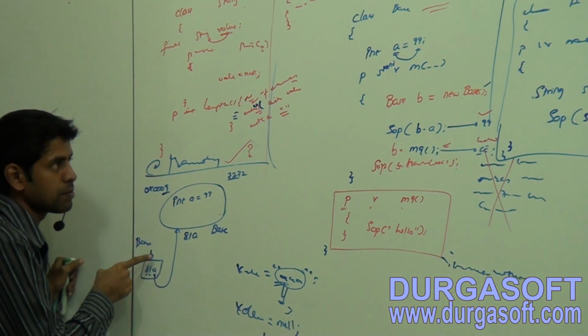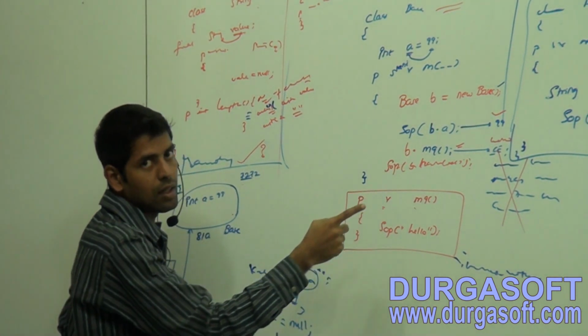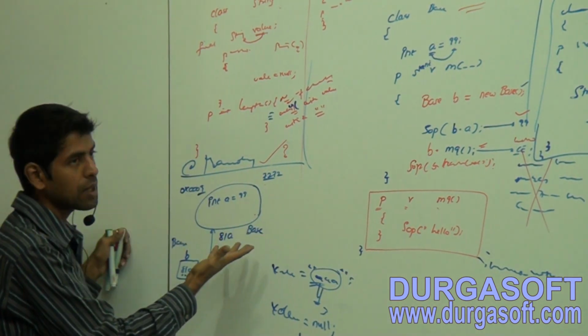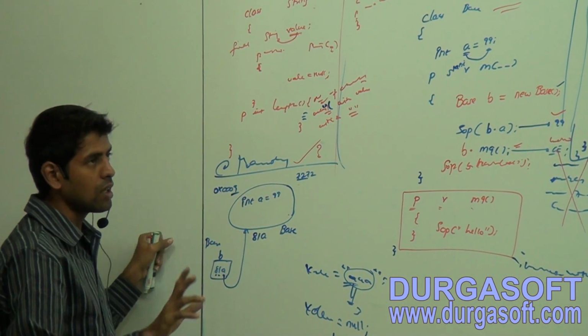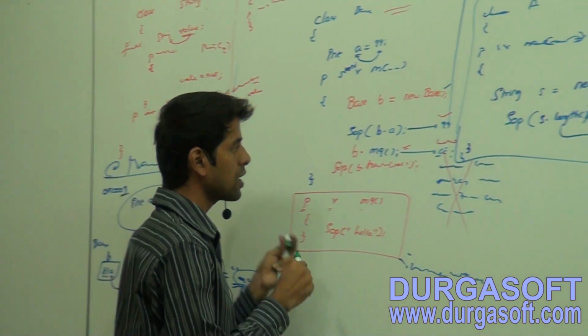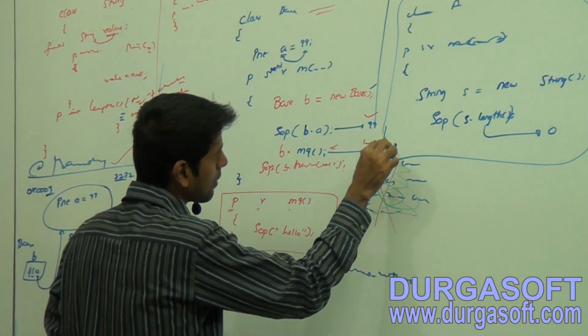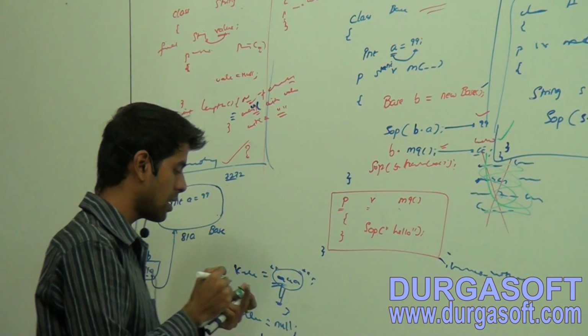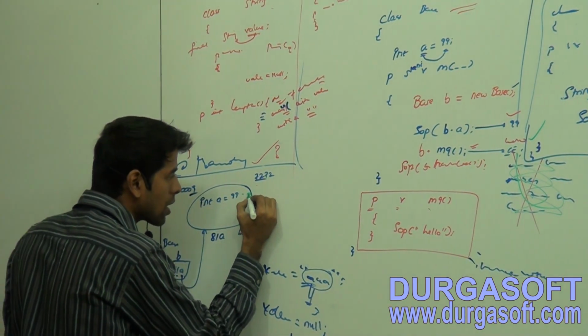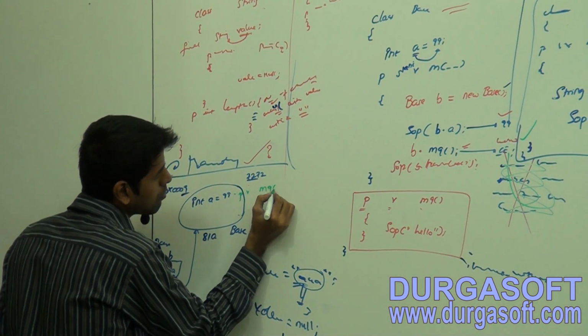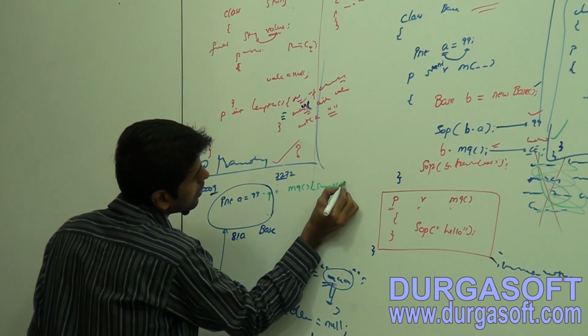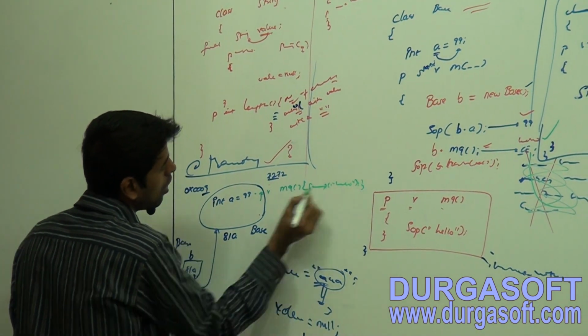What is the reference variable? b dot m9. Where is the m9 method here? Observe. If this one is perfectly valid, it means definitely the public void m9 method must be available within the object.